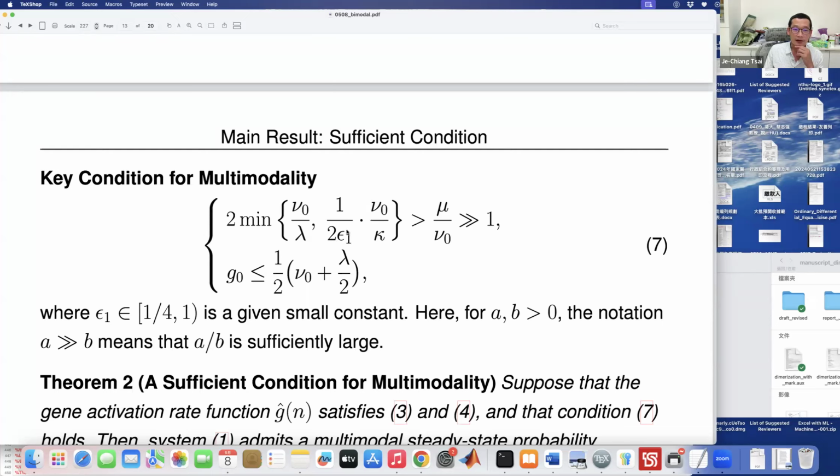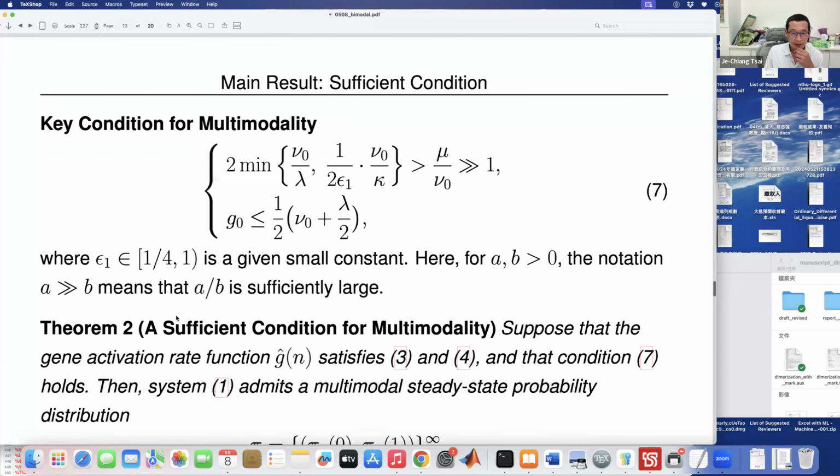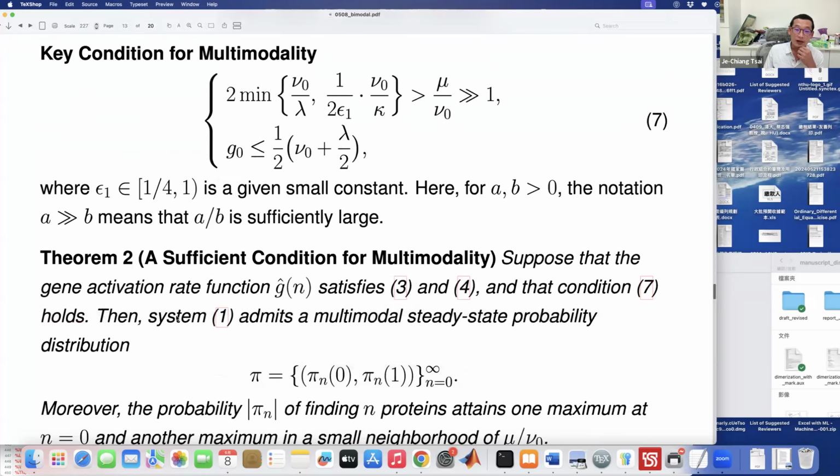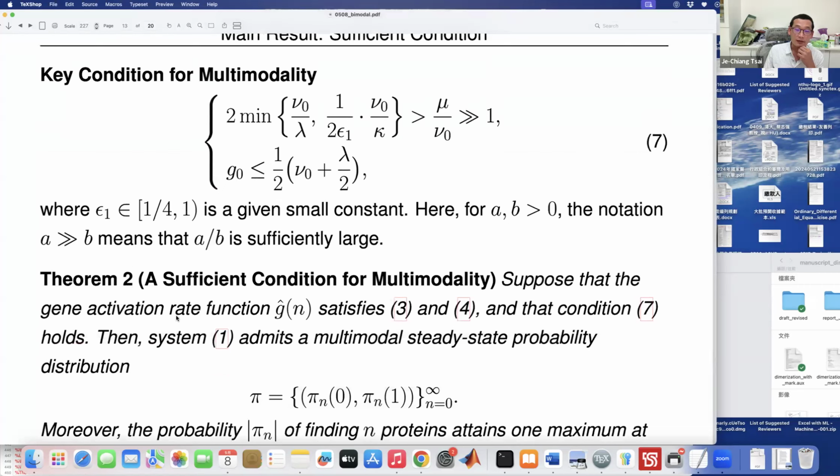This is a given number, just for technical reasons. I assume that it lies between 1 quarter and 1. Roughly speaking, our result for the sufficient condition is this: if this condition is satisfied, then we have a bimodal distribution.